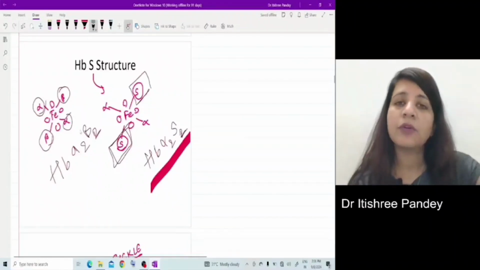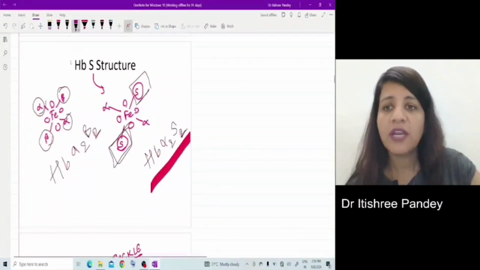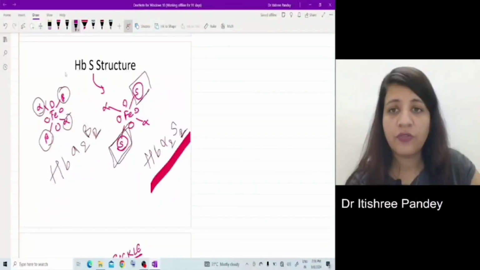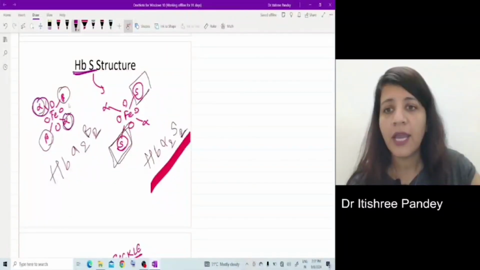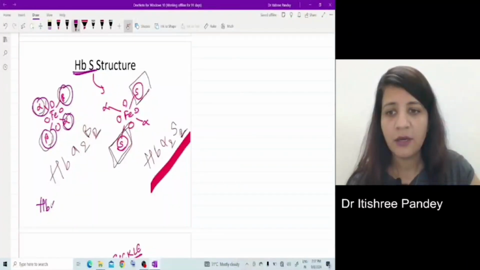As I said about the normal structure of hemoglobin in the previous slide, now let us look at the abnormal structure, that is the structure of HbS. As I showed earlier, there are 2 alpha and 2 beta chains, which is represented as Hb alpha 2 beta 2.